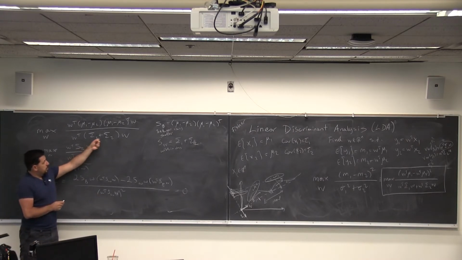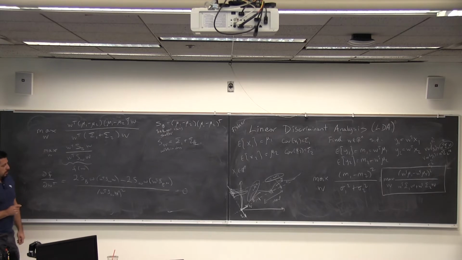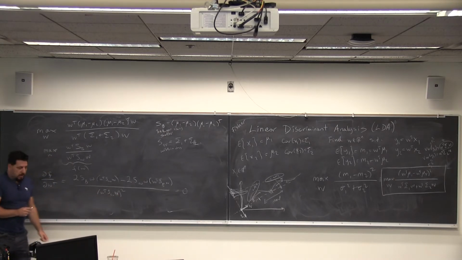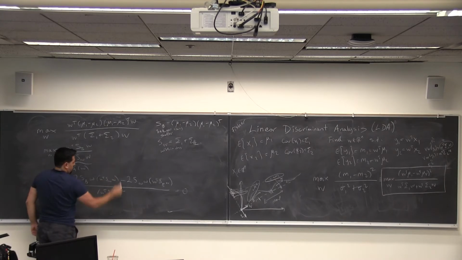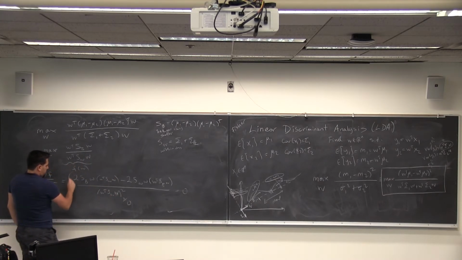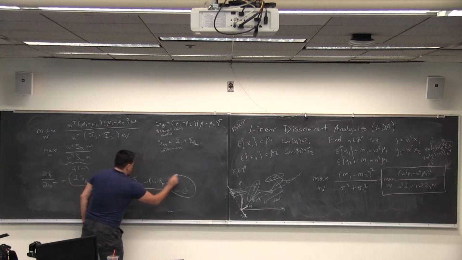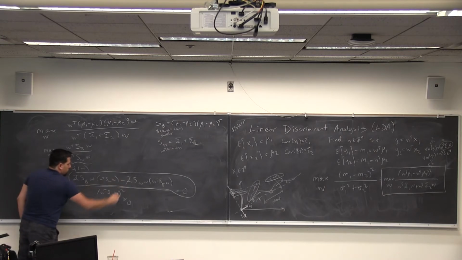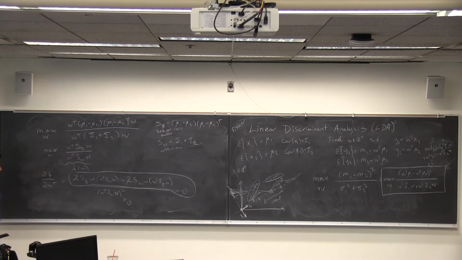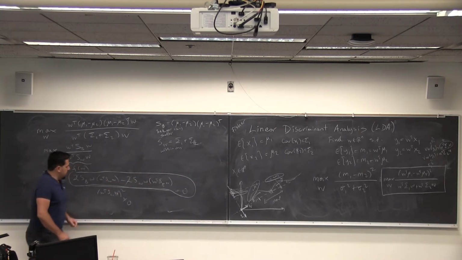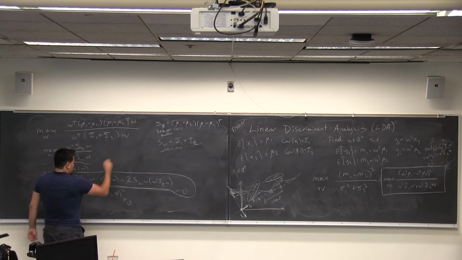Let's assume this sigma 1 plus sigma 2 matrix is positive definite, so that the denominator does not become 0. In that case, at the solution, the numerator must become 0, so I can divide by 2 and move this second term over to the right side.